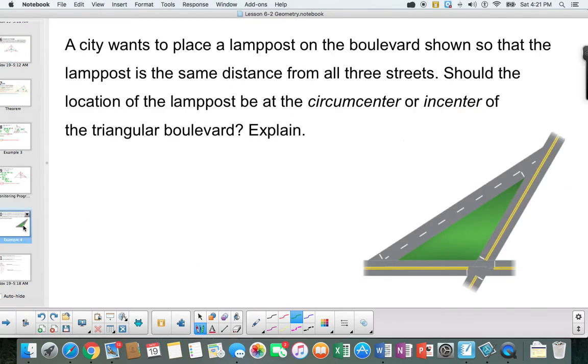All right, let's take a look at this situation. We want to put a lamppost so that the lamppost is the same distance from all 3 streets. Not the 3 corners, but the 3 streets. So we want to find where to put the lamppost so that the distance to this street, this street, and this street are all going to be the same. So will it be the circumcenter or will it be the incenter?